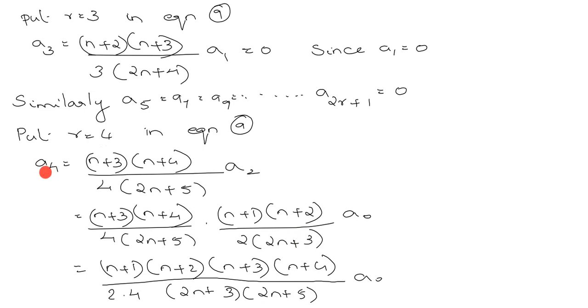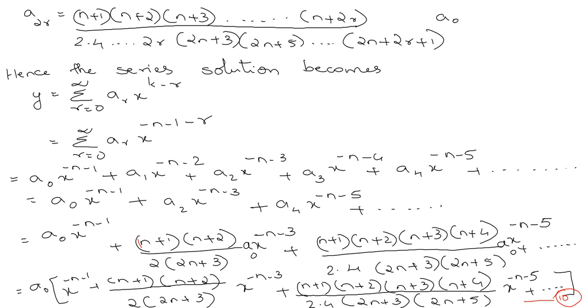See, when it is a4, it ends with n plus 4, and in the denominator here it ends with 4 and here it ends with 5. So when we write the general term, it will be 2r here and it will be 2r plus 1 here and it will be 2r here.